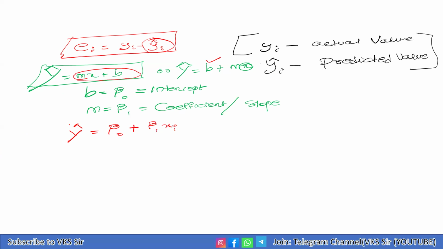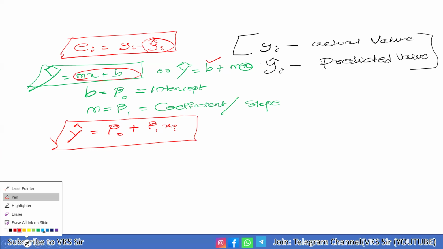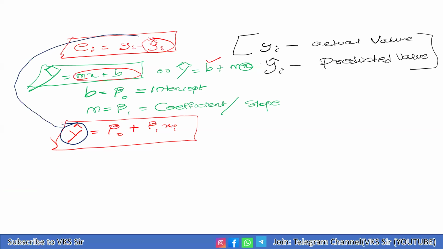So this part is nothing but the predicted part. I can just put this value directly here.